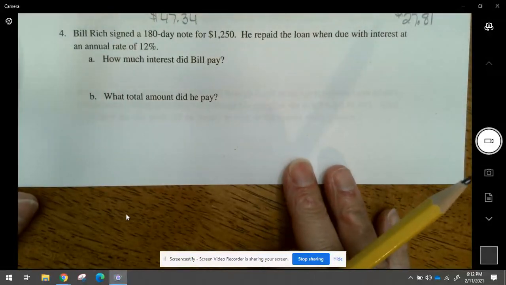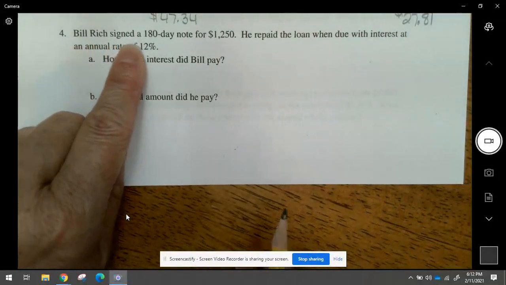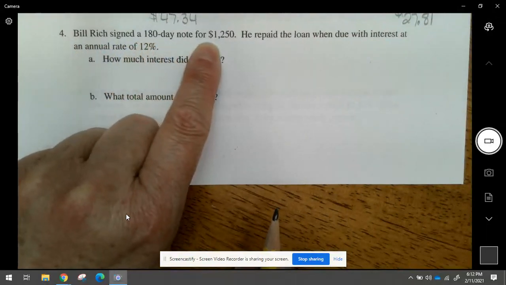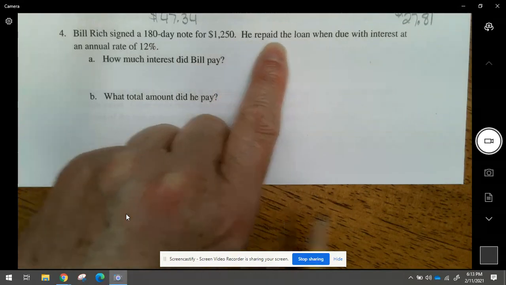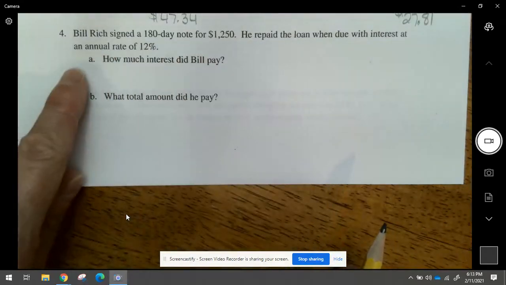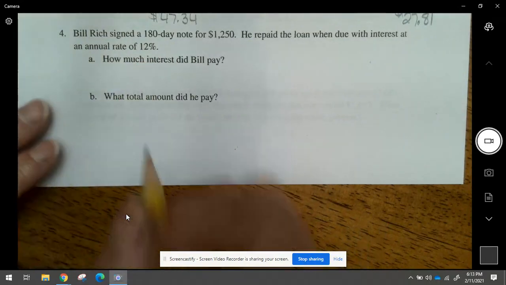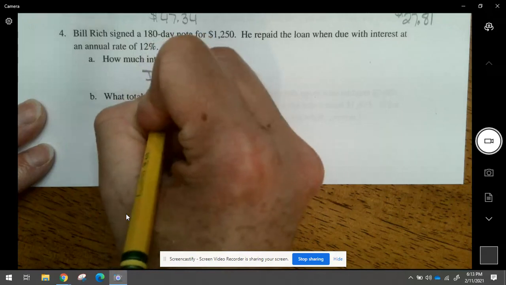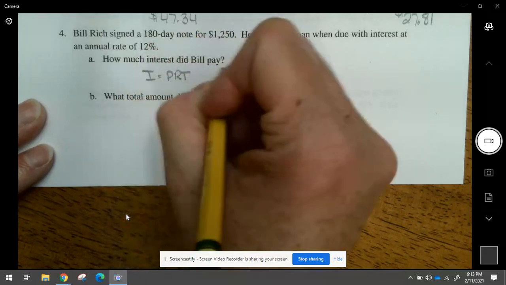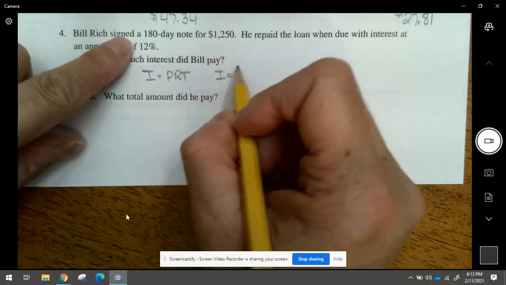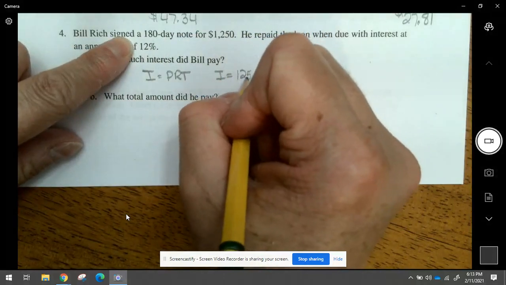All right, number 4. Bill Rich signed a 180-day note for $1,250. He repaid the loan when due with interest at an annual rate of 12%. How much interest did Bill pay? So they just want the interest, so it's principal times rate times time. Principal is $1,250.